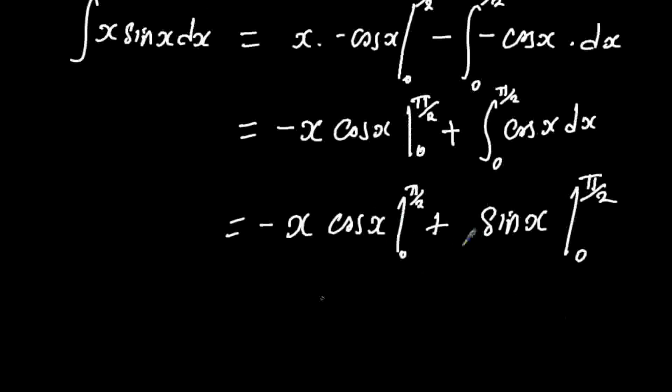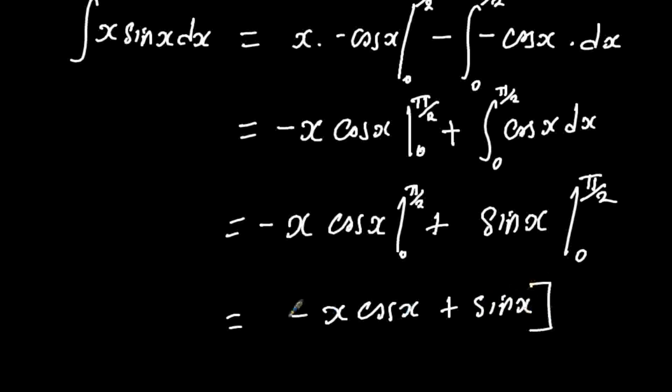So this one, we can take our limits at the end. So negative x cos x plus sine x, we can put it in brackets, and our limit is from 0 to pi over 2.